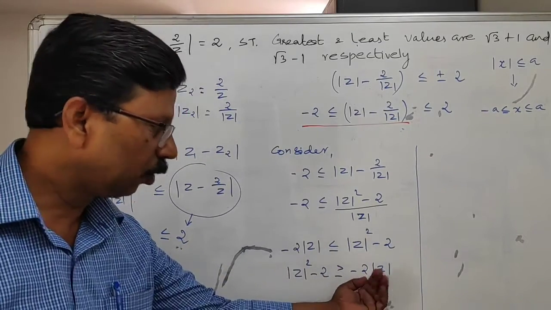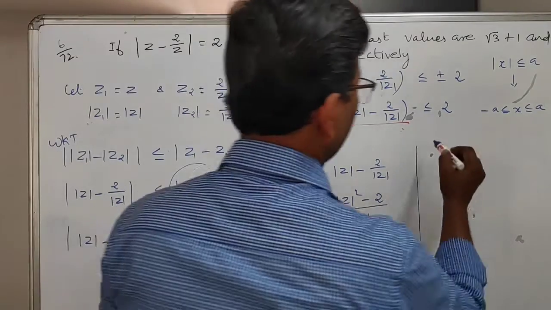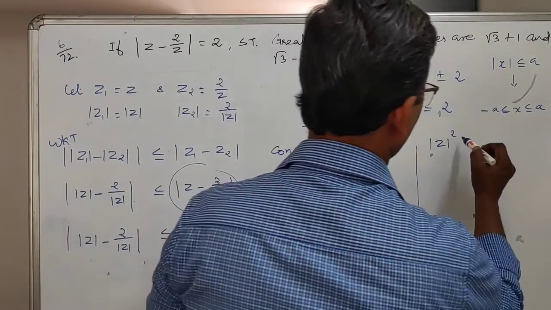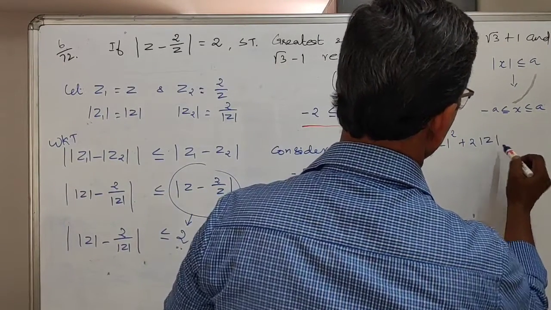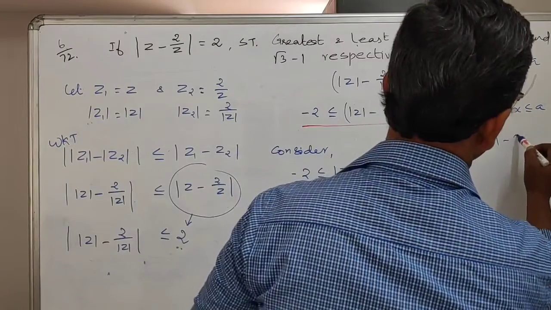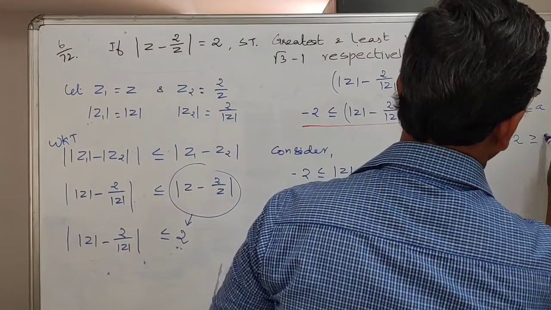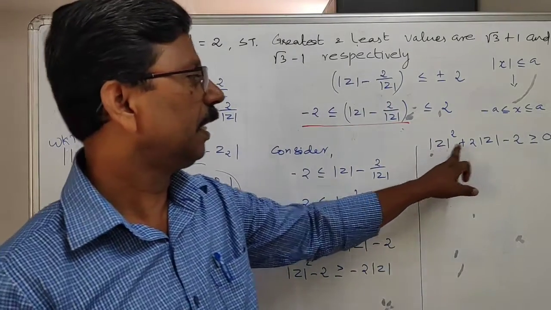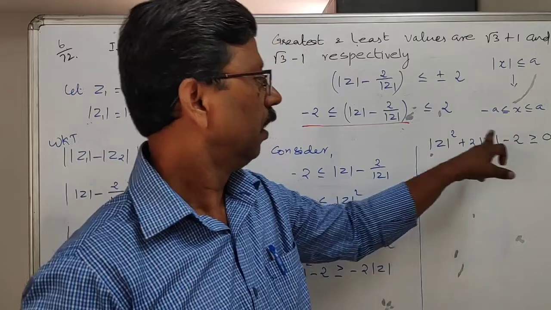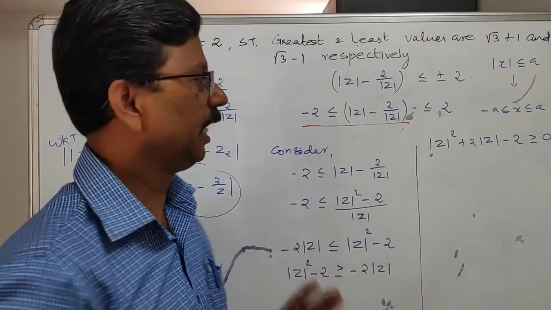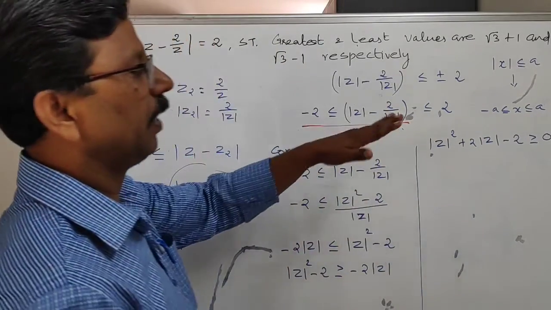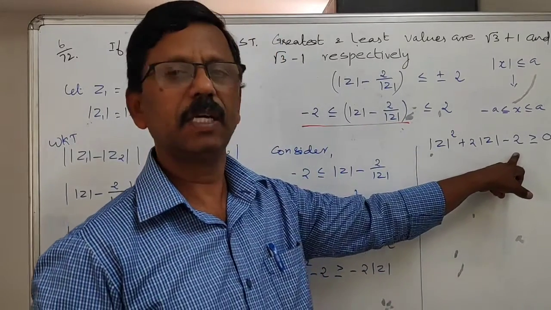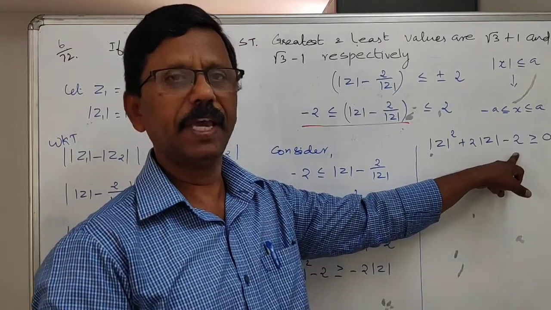Then bring this minus 2 modulus Z to the left hand side, and we get modulus Z square plus 2 times modulus Z minus 2 greater than or equal to 0. Now it is a quadratic inequality of modulus Z. This can be solved by any one of the known methods. Here this cannot be factorized, therefore we can go for the completing square method.